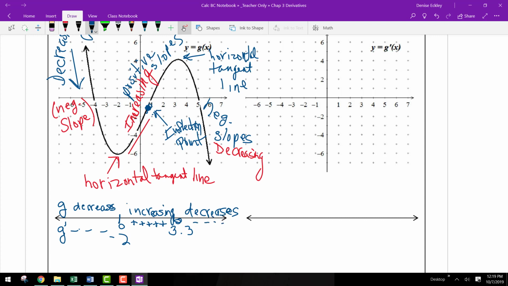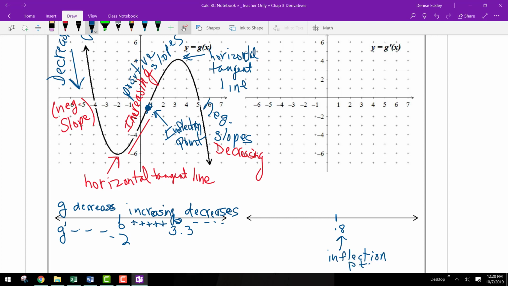So on our slope graph, what we're going to have is that inflection point, which I didn't mark on the graph here, happens at about 0.8, so right around here. That's my inflection point. So that's an important point on the graph.